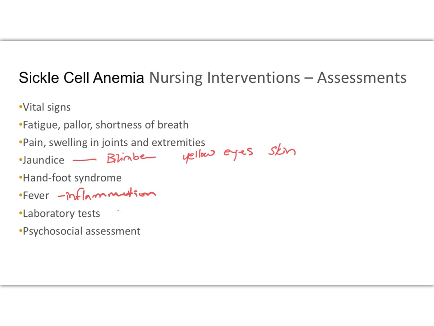We'll be watching a CBC, looking at our liver functions, and our bilirubin is going to be really helpful, right? And then talking through how are they doing, how are they coping, what resources does somebody have, what triggers, I want to say that might be my next slide, and how can we reduce crises.